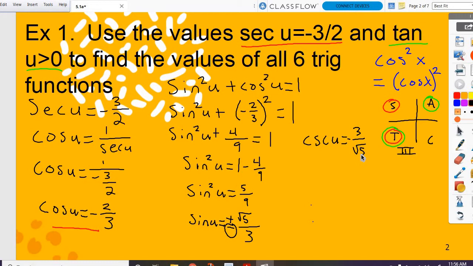So then we would just want to rationalize. So we would multiply our top and our bottom by the square root of 5. So we get negative 3 times the square root of 5 over 5. So what are our last two functions that we need to find?